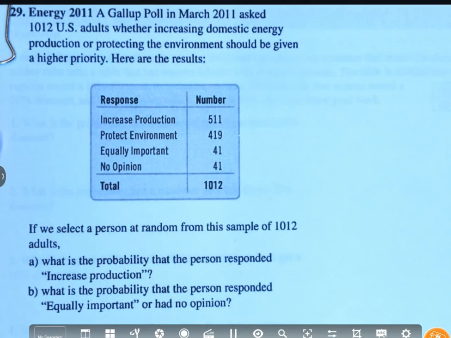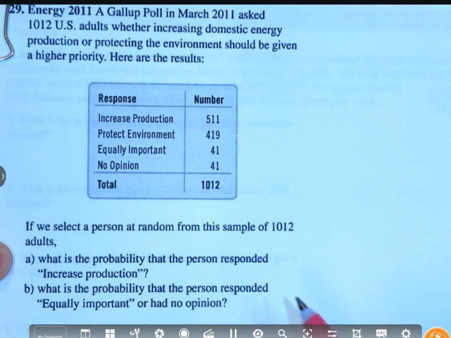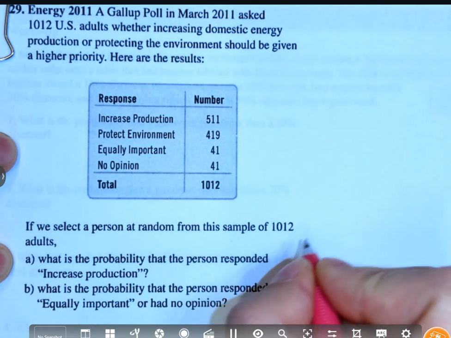So when we're looking at this table here, what is the probability that the person responded increased production? Don't overthink this. One person says increased production. How'd you get that?